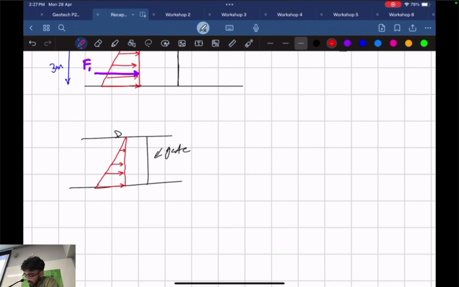However, if our gate was a bit smaller, like that, the pressure just above the gate isn't actually acting on the gate itself. I've drawn the trapezoid, but the pressure distribution itself is triangular, and I'm just caring about the part acting on the gate. So this part at the top doesn't act on the gate. It's only from here downwards. Make sense? Perfect.